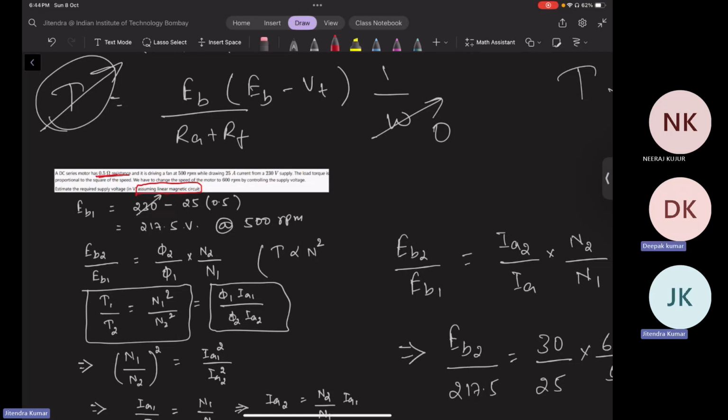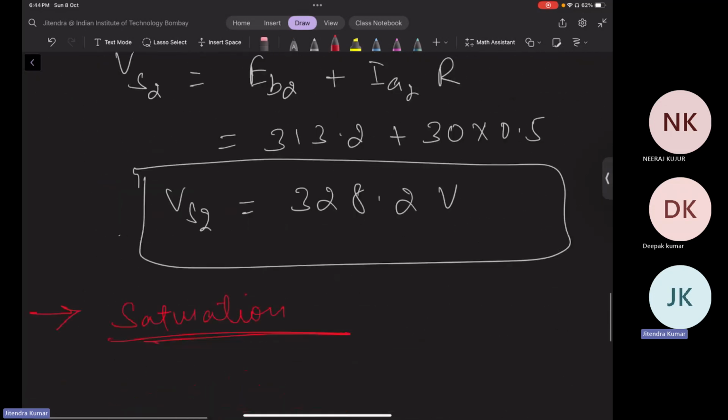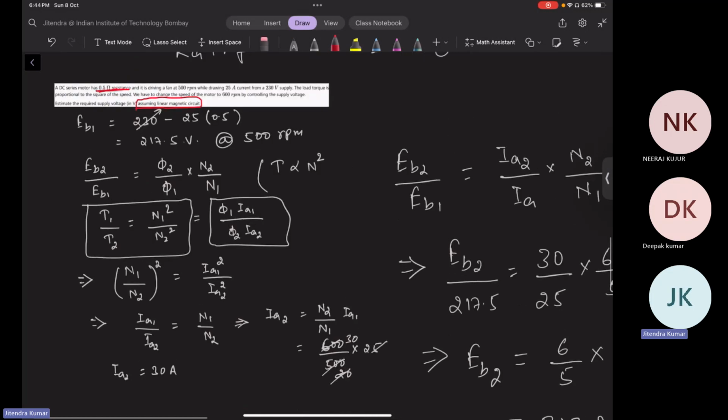And now we want to calculate VS, the supply voltage. Again we need to calculate the Vs, and what will change, so that we will see. Let me bring that problem again.